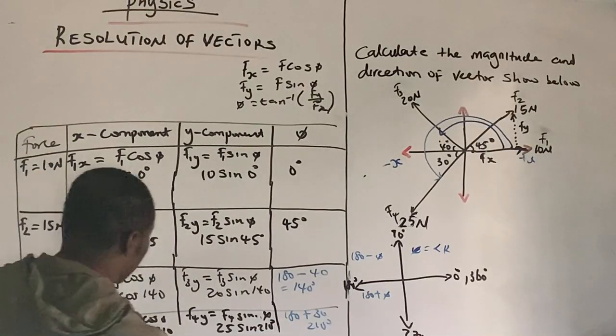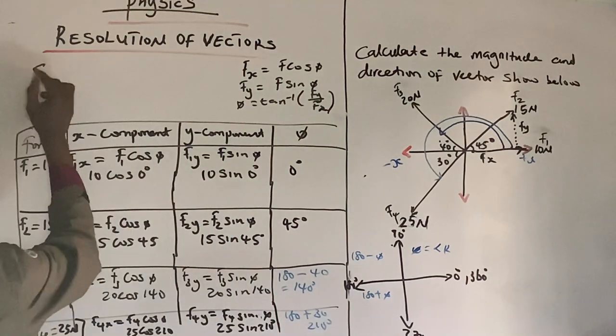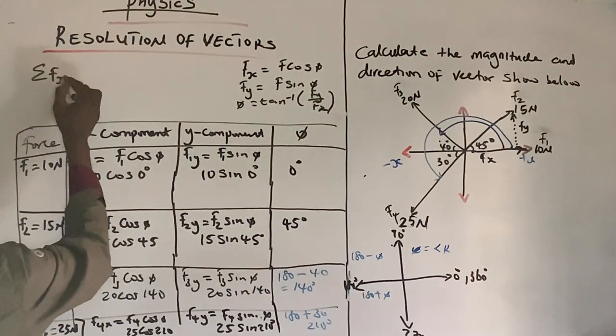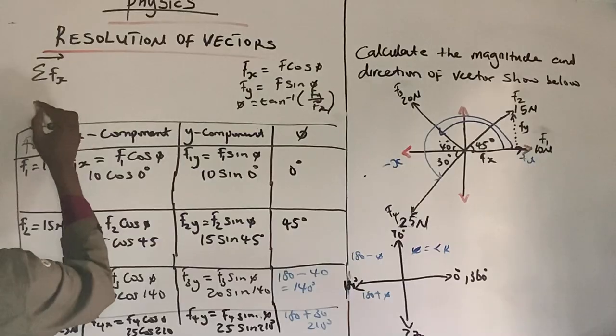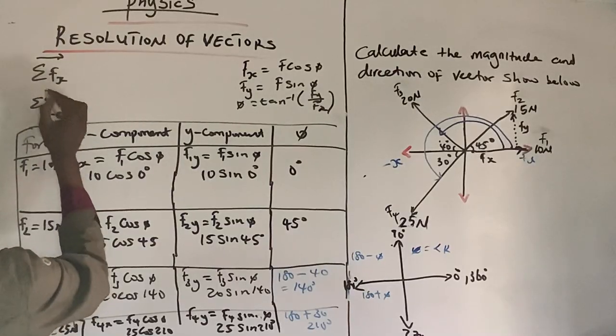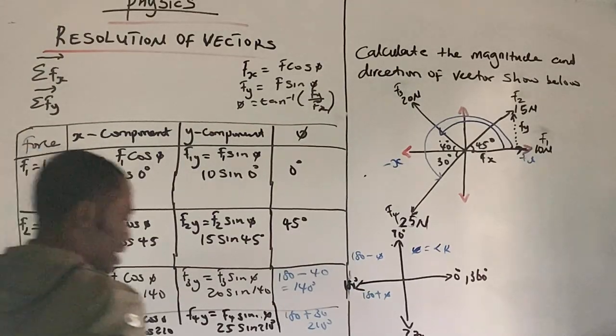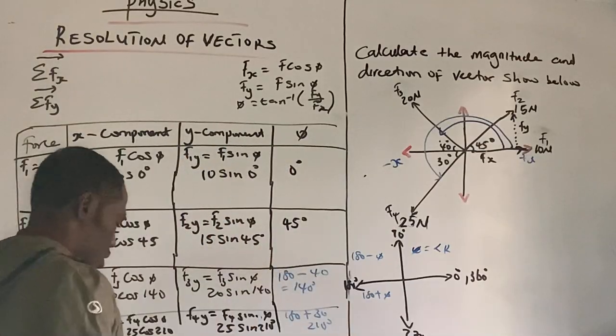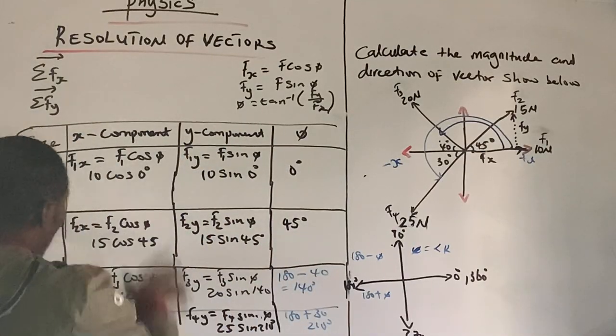Now let's get our answer. All right, I'm going to put my answer here. The summation of x forces and then the summation of y forces. All right, let's do that now. You can actually go ahead and plug this into your calculator.